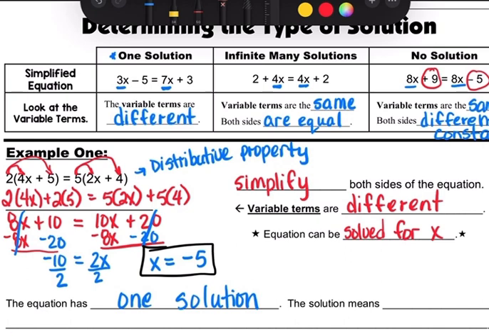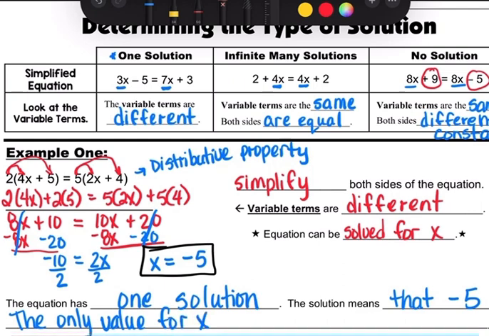And the solution means that negative 5 is the only value for x that will make the equation true.